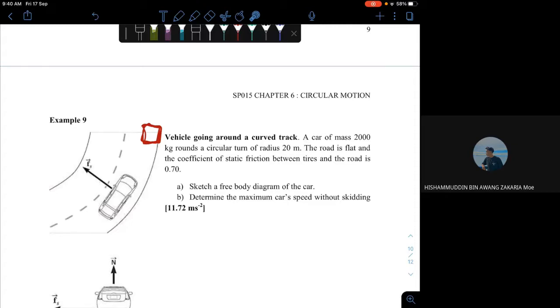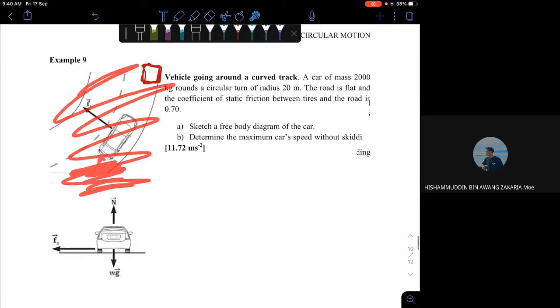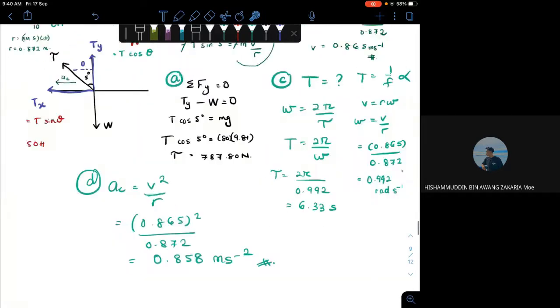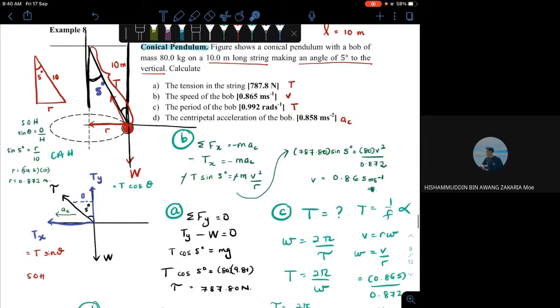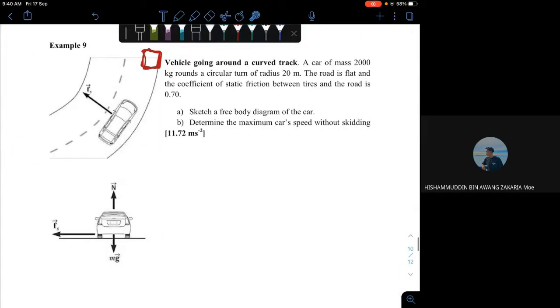Jadi bila kamu jawab soalan macam ni, dia takkan kasih kamu gambar rajah macam ni lah. So you need to know that the force yang tarik kereta ni ke tengah adalah you punya frictional force. Okay, so this one you have to memorize lah. Kalau macam yang lain tu, kamu boleh nampak kan dia punya force, tension semua. But this one, dia memang takkan kasih. So we cannot see the frictional force.